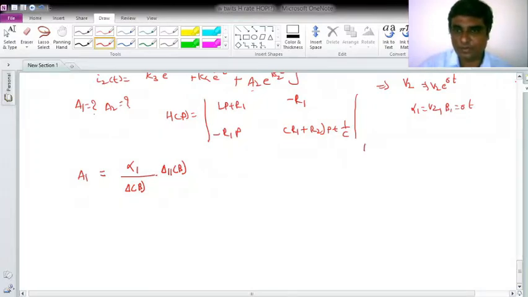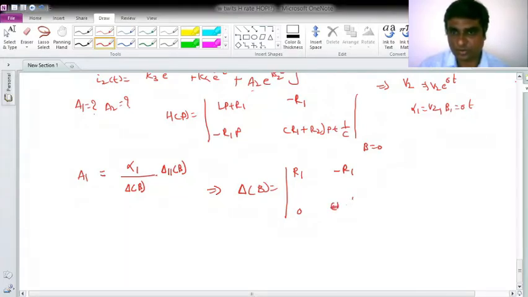The value of beta is 0 for this particular case. So delta at beta will be R1 minus 0, this is minus R1 because beta is 0, and this is also 0, so it will be 1 over C. So it is simple: R1 over C as delta, that is the determinant.